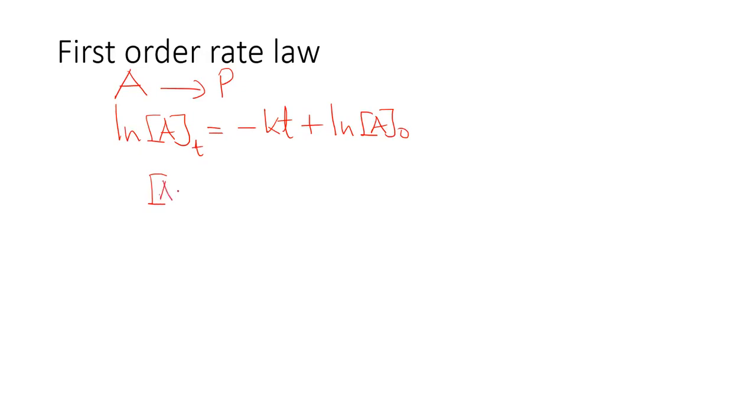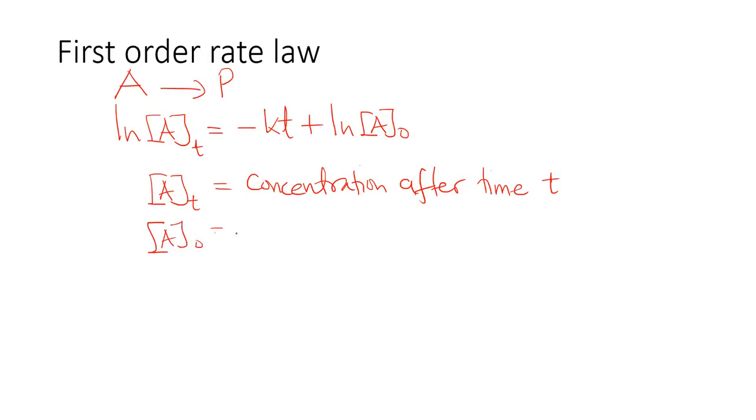A_t is the concentration after time t, while A naught is the initial concentration, at time t equals 0, before a chemical reaction has started.